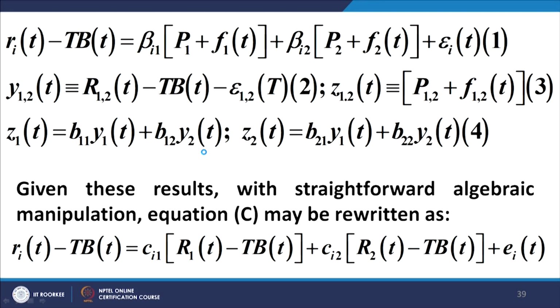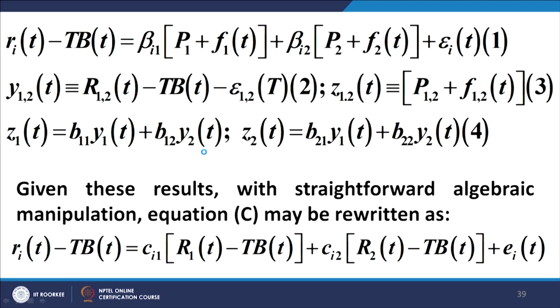We have the expression for the return on an arbitrary security i in terms of the APT model, that is equation number 1 here. Then we have the expression for y1t and y2t, that is equation number 2 here. We have the expression for z1t and z2t, that is equation number 3 here. And solving for z1t and z2t in terms of y1t and y2t, we have equation number 4 here.